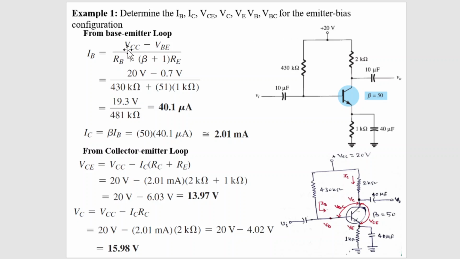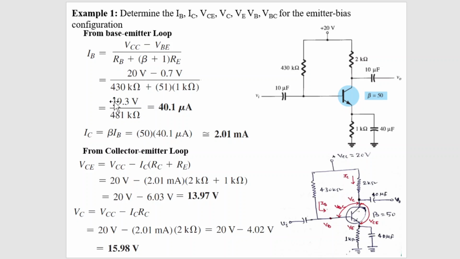Everything is known. So if you substitute, VCC is 20 volt minus VBE, that is 0.7 volt, divided by RB, that is 430 kilo ohm, plus beta plus 1, that is 51, multiplied by RE, that is 1 kilo ohm, so that is 51 kilo ohm.